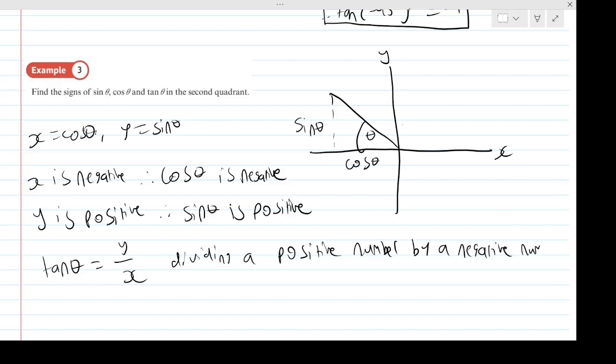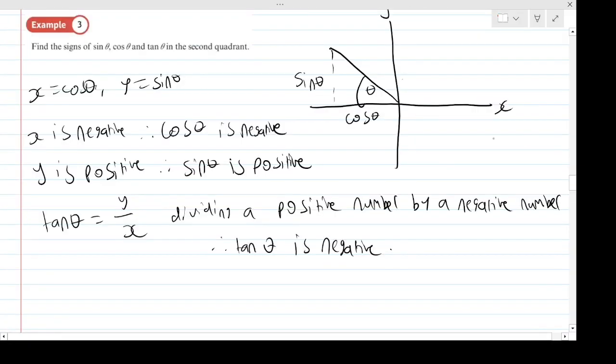Well, if you divide positive by negative, plus over negative, that will get you a negative. So therefore, tan of theta would also be negative in the second quadrant. If we draw an angle in the second quadrant, there. Okay, so there we are.